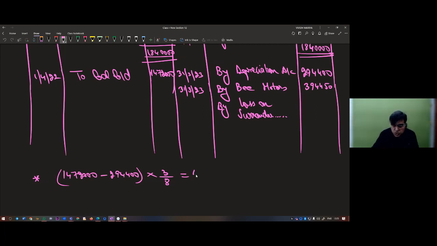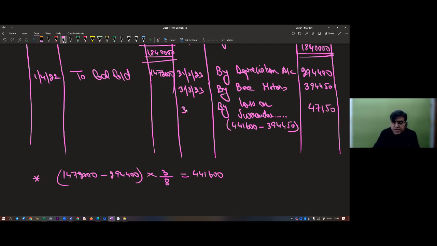The scooters are 441,600, taken over at 394,450. So the loss on default is 441,600 minus 394,450, which is 47,150. So loss is 47,150.